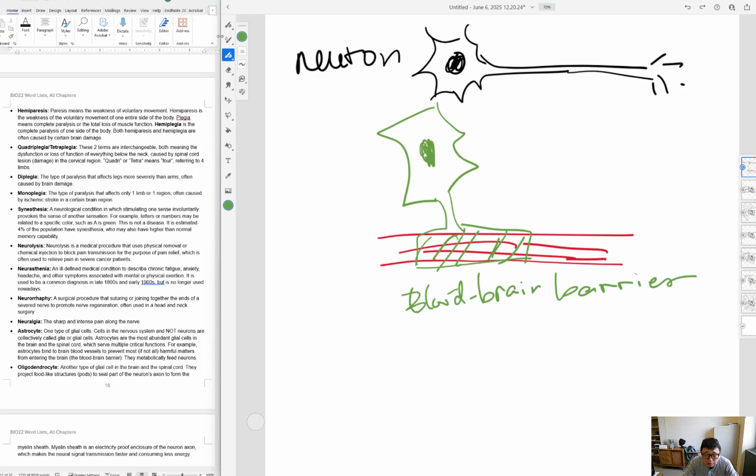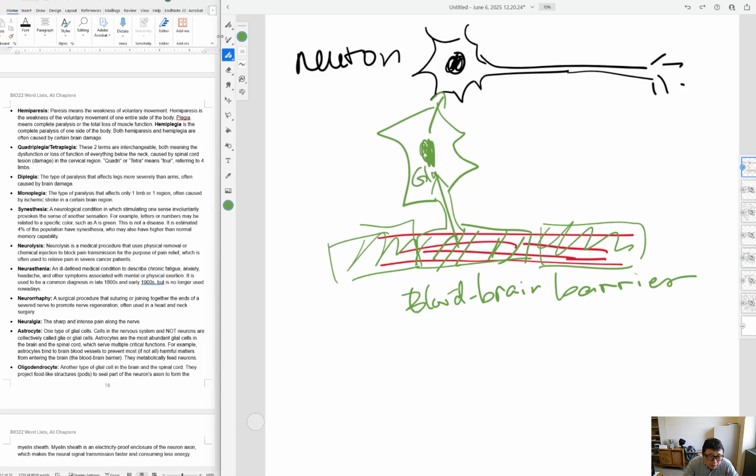And since the majority of the blood vessels are enclosed by the astrocytes, the neurons actually do not have direct contact with the blood vessels, and the nutrients from the blood first get into the astrocytes, and then get into the neurons.